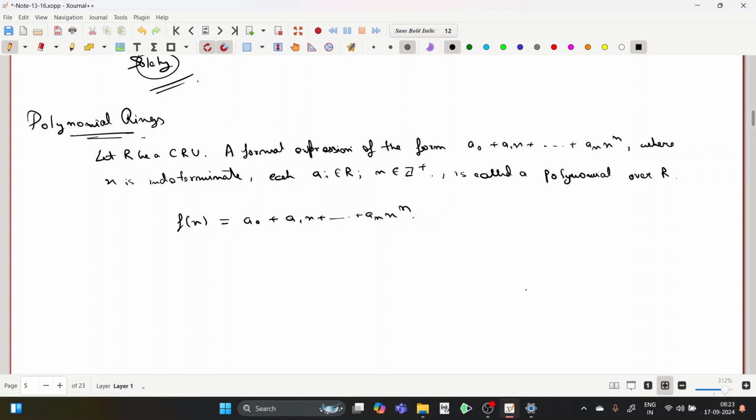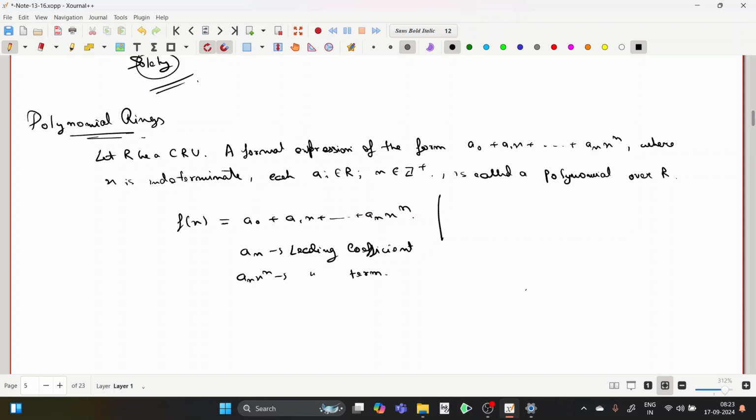And using this, I can define certain important properties of this polynomial. For example, I always restrict the leading coefficient to be non-zero. So this an is called the leading coefficient, and this term an x to the power n we will call the leading term.